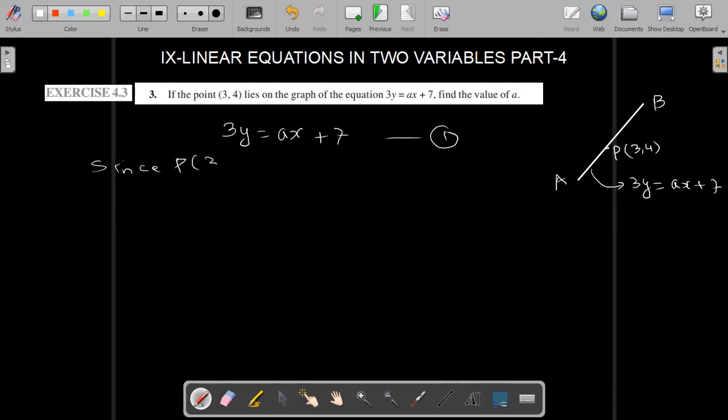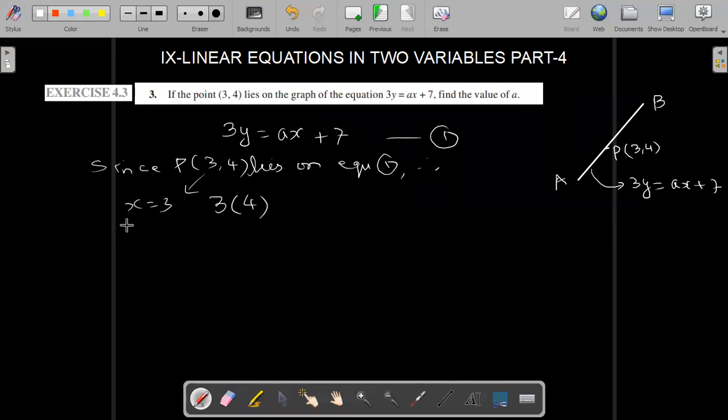Okay, so we can write, since P, the point whose coordinates are (3, 4), lies on equation number 1, therefore we can put x = 3 and y = 4. First coordinate is always x, so x = 3 and y = 4.